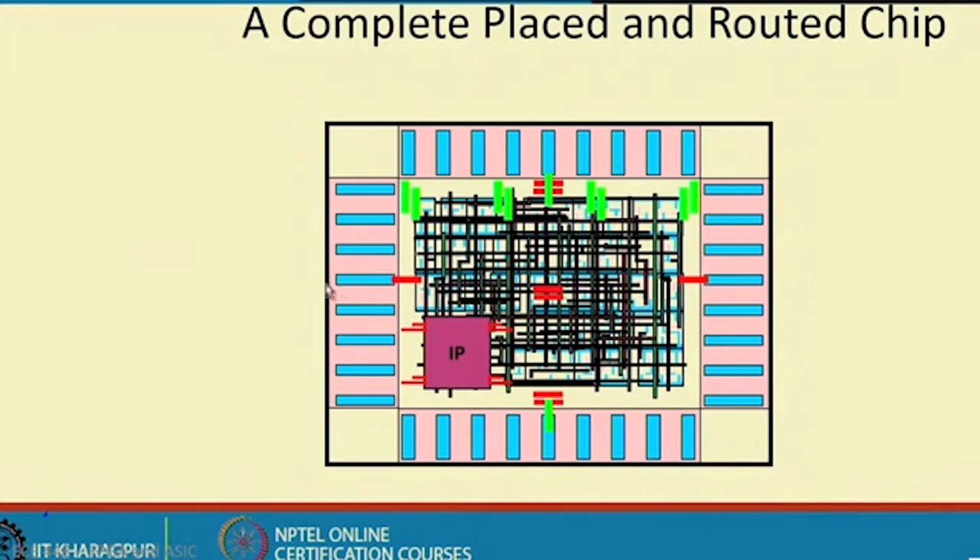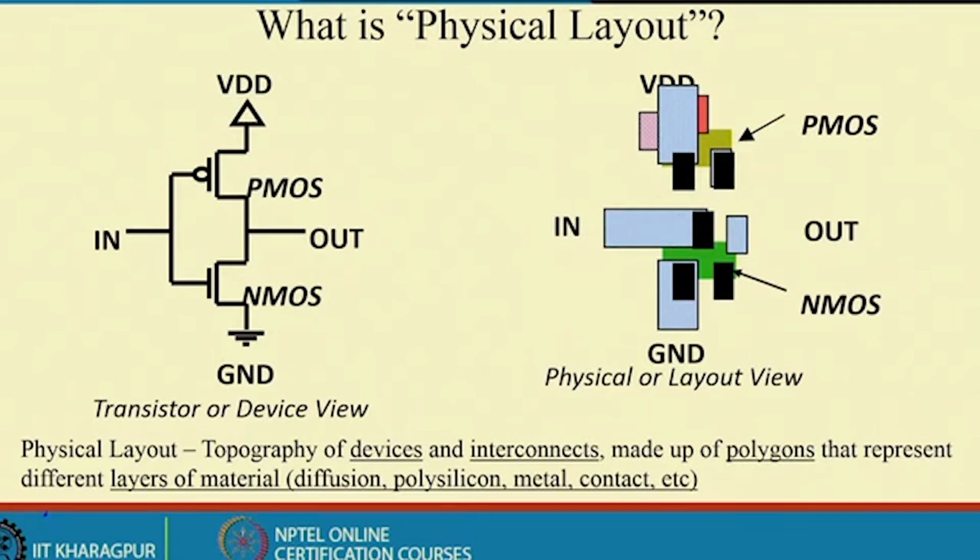So, this is just one example of one complete placed and routed chip if I follow the ASIC design style. I am talking about this layout. The layout is nothing but the physical view of the corresponding circuit. Suppose this is the transistor level schematic of one inverter, and this is the physical description of that particular inverter.